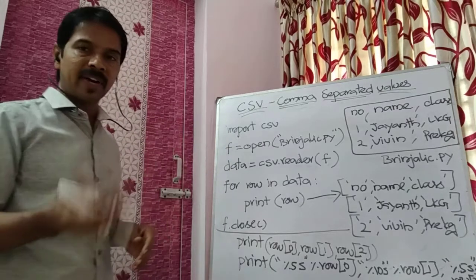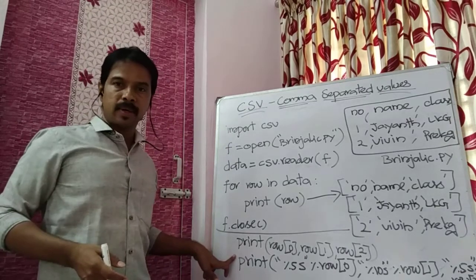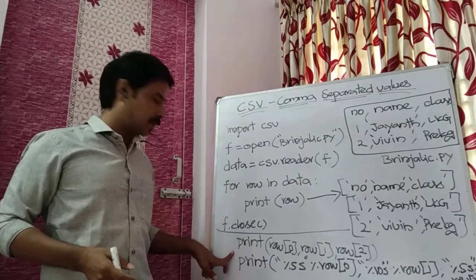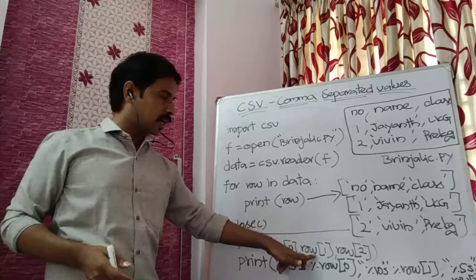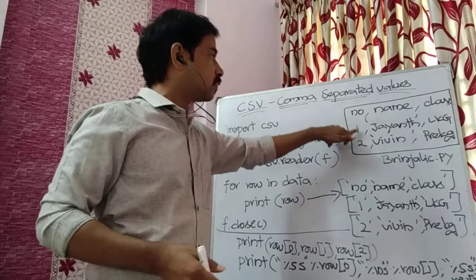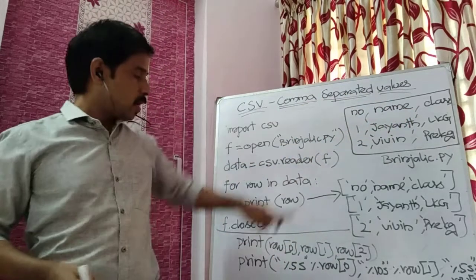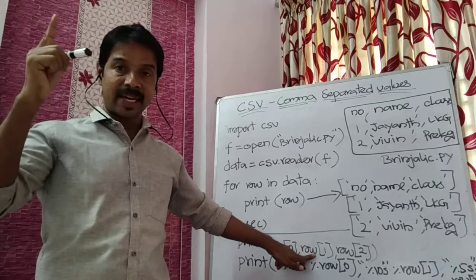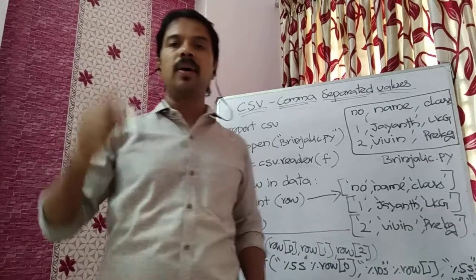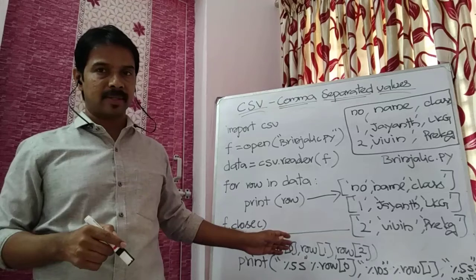Yes, we have an option. I listed two different print formats here. The first one is accessing column-wise: first column, second column, third column, that is row of 0, first column; row of 1, second column; row of 2, third column. That can be printed like this.